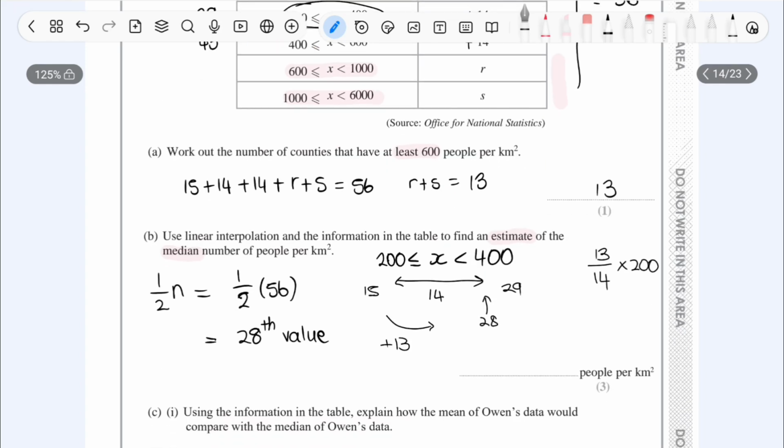So if we kind of use it like so, we need to do 200 plus this. Now I'll type this into the calculator, and we end up with 386 to three significant figures. I mean, you can expand it first if you want more simply. And that's the final answer.